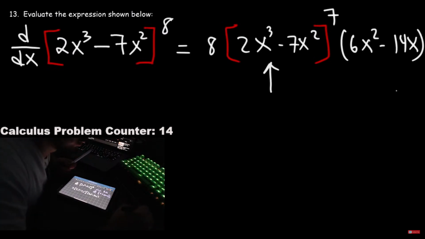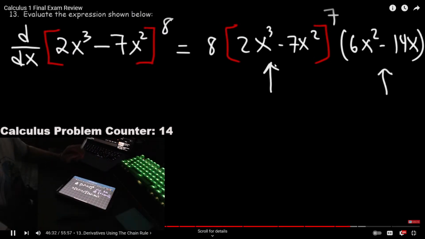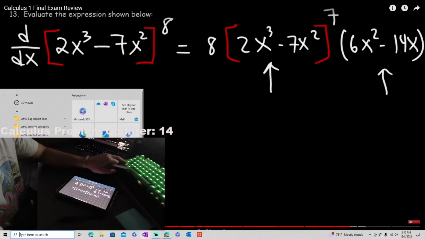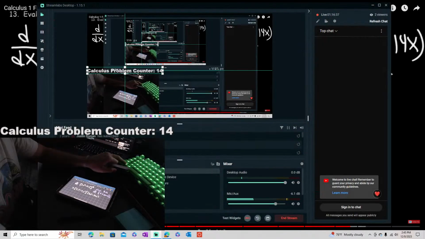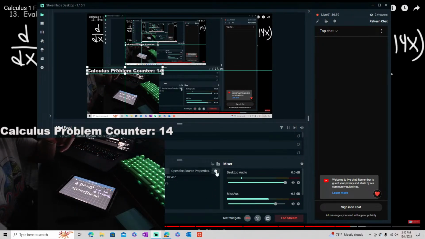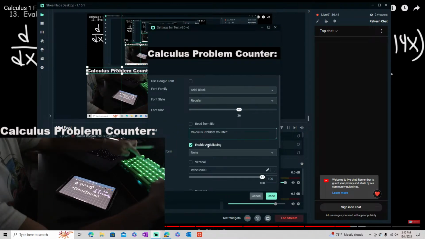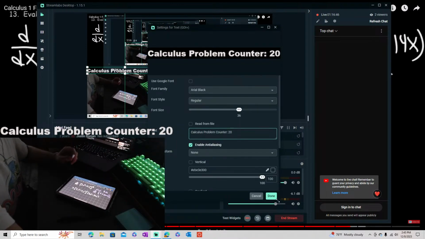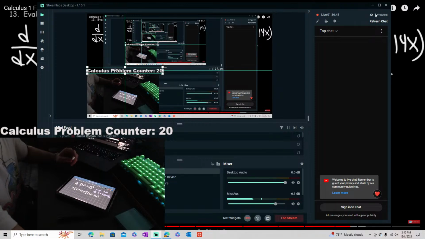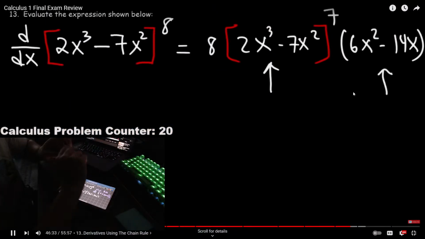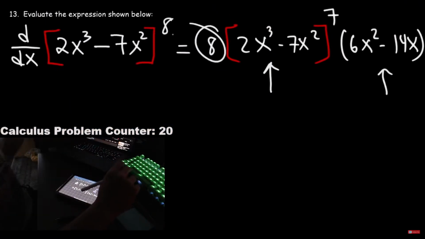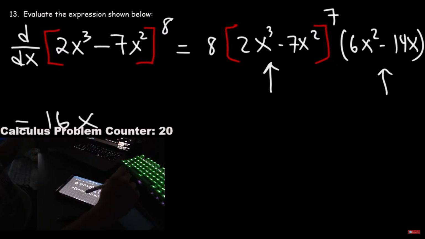Now, for those of you who may want to simplify the answer, we could take out the GCF in this expression. So we could take out 2x. Multiplying 8 by 2x gives us 16x.